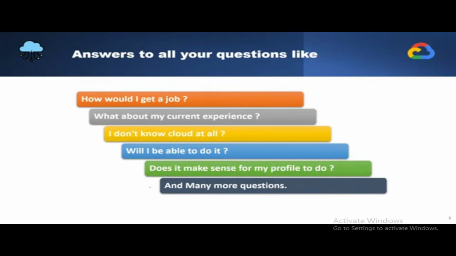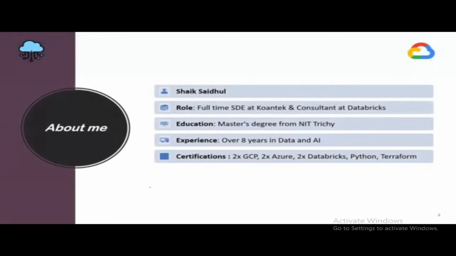So without wasting our time, before we jump onto the actual topic, that is, what is data engineering, let me introduce myself, guys. Some people might already know about me, but let me tell you, my name is Sheikh Saidhul. I am currently working as an SDA at Quantech full time.